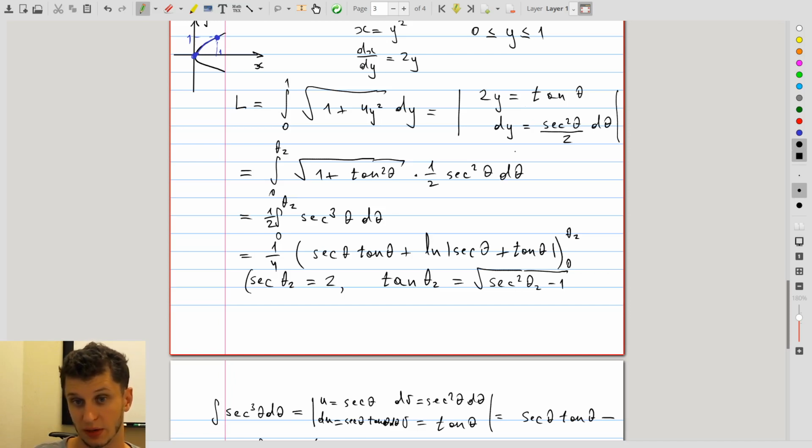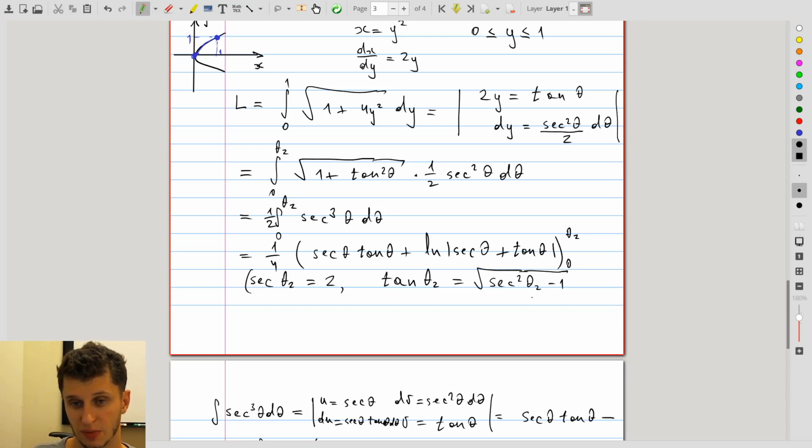And so I'm integrating here in the positive direction from 0 to some angle. For that angle, secant is 2, and so it follows that tangent is also positive, so I need to put the plus sign here in front of this square root.